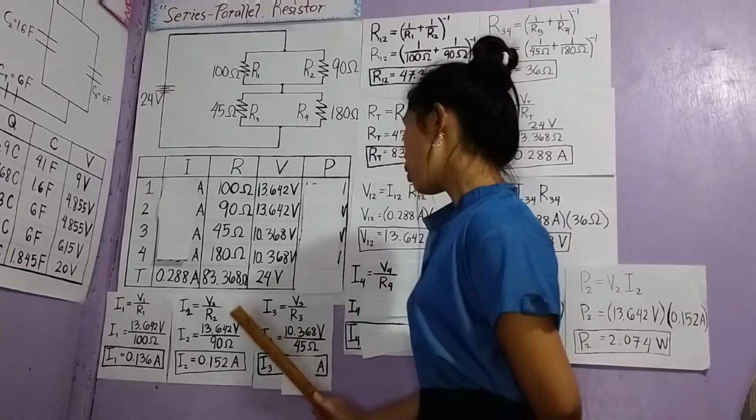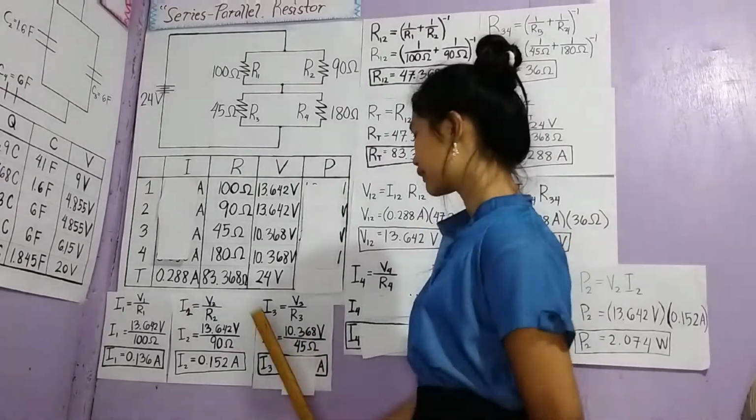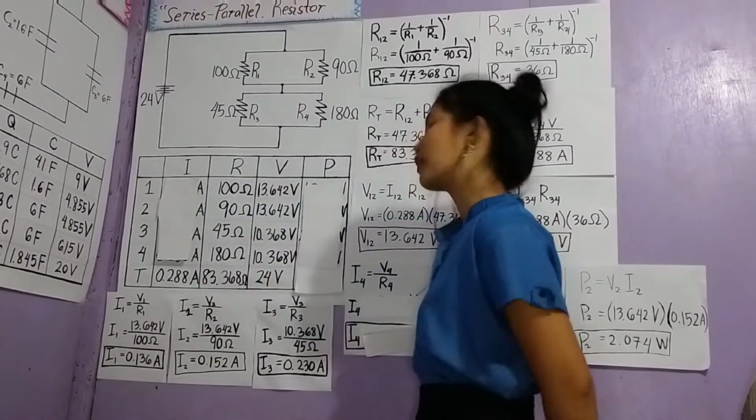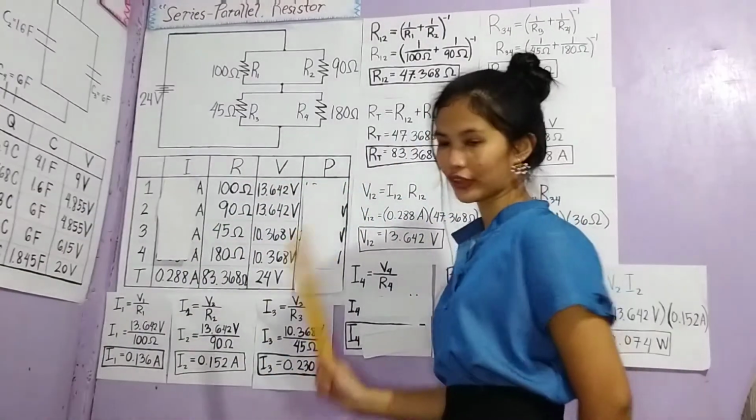10.368 volts over 45 ohms. Using the calculator, we get an answer of 0.230 amp.